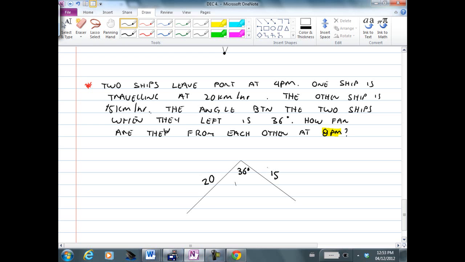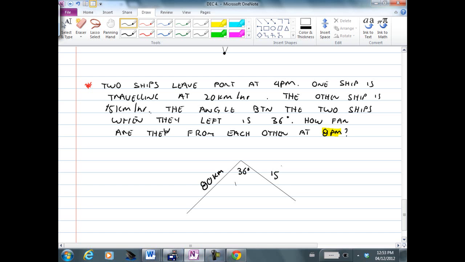See, the issue is, I'm talking about distance. This is not 20, it's 20 kilometers per hour. But in reality, I'm talking about distance. So how far did you travel if you went 20 kilometers per hour for 4 hours? So this is actually 80 kilometers. Okay.